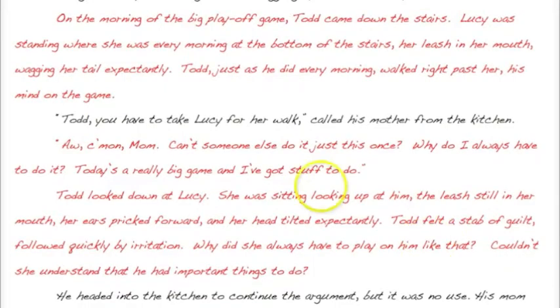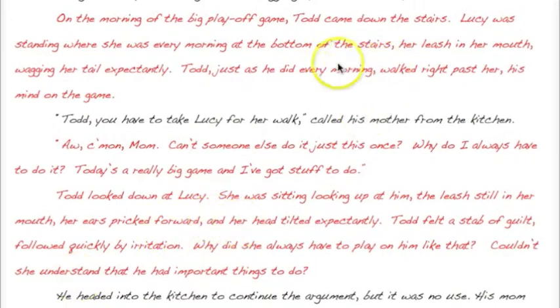In the story, everything in red is something that I've added to the original mini story that I wrote. And here I write, "On the morning of the big playoff game, Todd came down the stairs. Lucy was standing where she was every morning at the bottom of the stairs, her leash in her mouth, wagging her tail expectantly. Todd, just as he did every morning, walked right past her, his mind on the game."